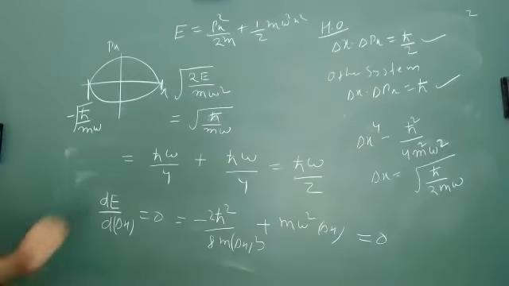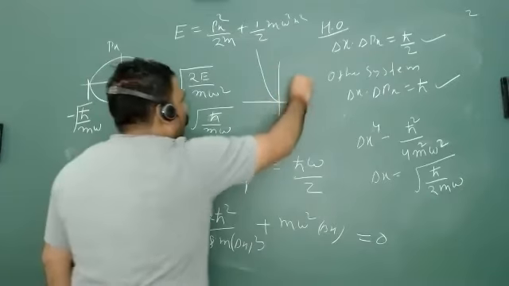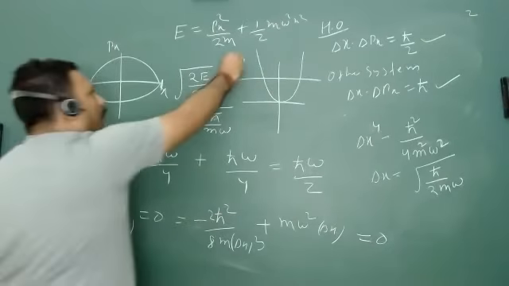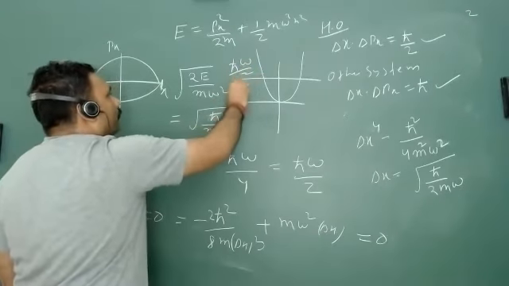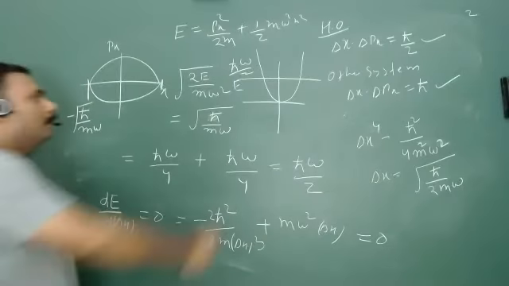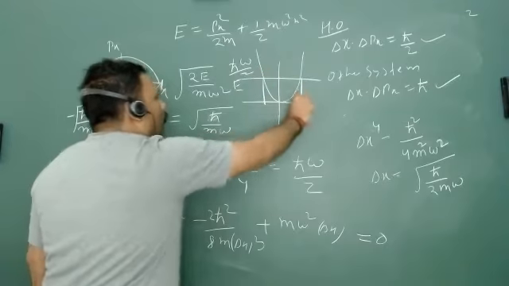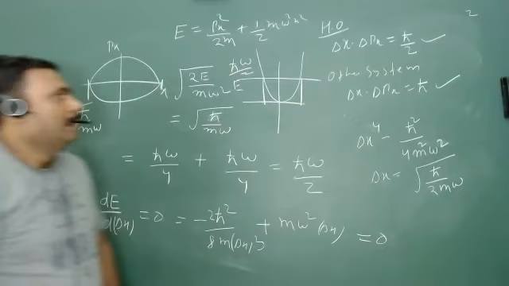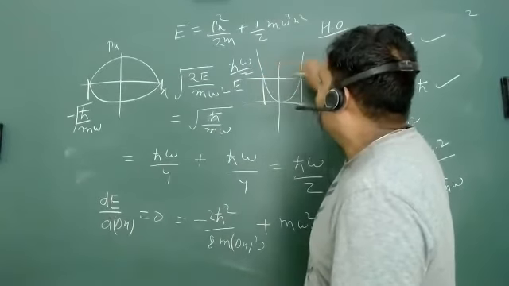So classically, if you try to see the thing, suppose I am taking the classical energy h cut omega by 2, what are these 2 points? Turning points. And the particle is actually confined within these 2 points, isn't it?